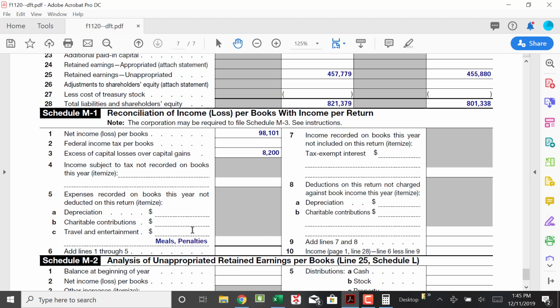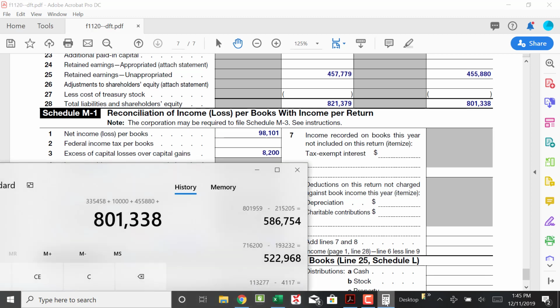So the meals were $6,226 and the penalties were $750. The 2 of those together is $6,976. Okay, so we would attach a statement saying what the meals were and what the penalties were and coming to the total. If I add those things together, I'm just going to double check the math.